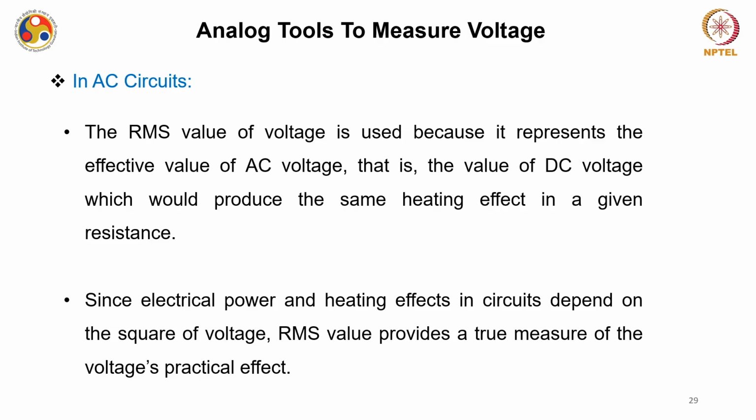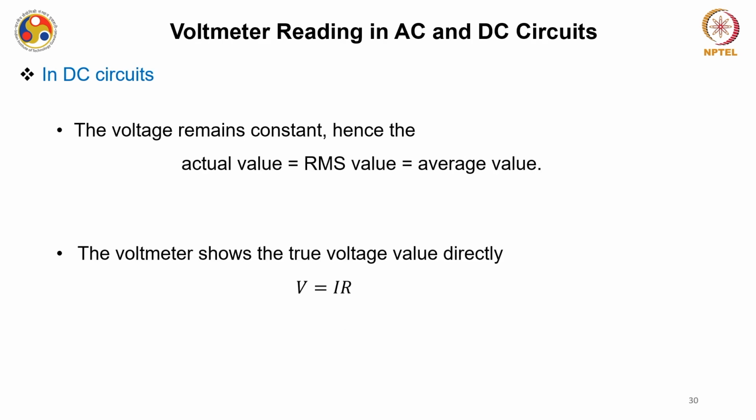Since electrical power and heating effect in a circuit depend on the square of the voltage, the RMS value provides a true measure of the voltage's practical effect. In a DC circuit, the voltage remains constant, and that's why the actual value, the RMS value, and the average value are the same. The voltmeter shows the true voltage directly, which depends directly on Ohm's law.